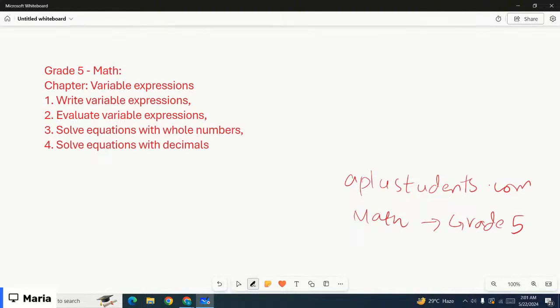There you have to find the chapter variable expressions. The lessons we're going to cover today are write variable expressions, evaluate variable expressions, solve equations with whole numbers, and solve equations with decimals.